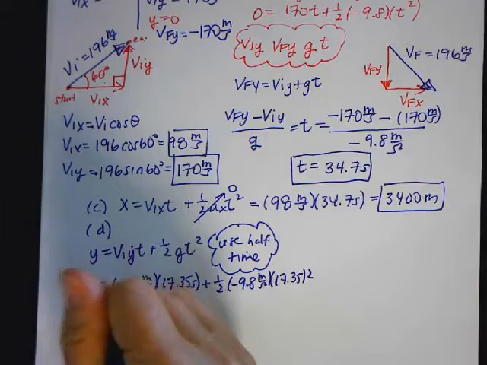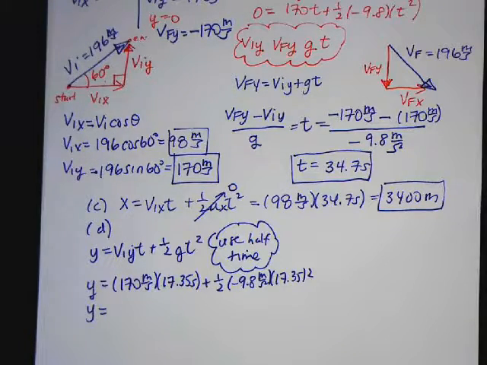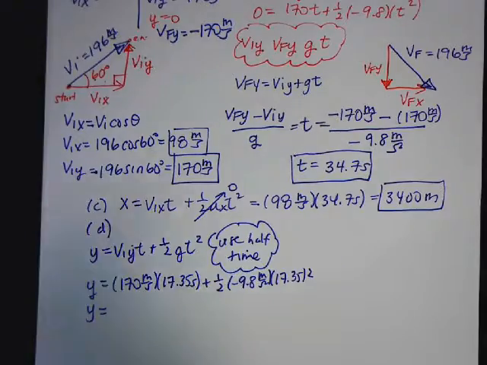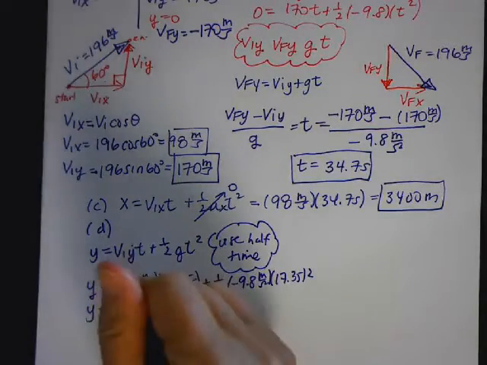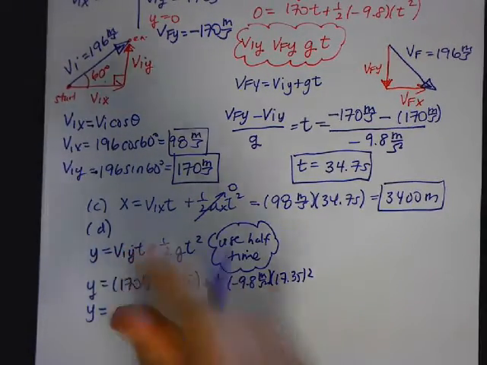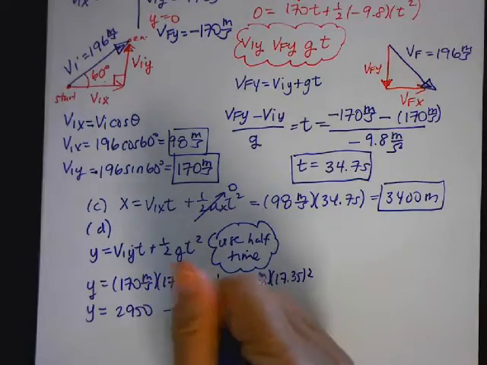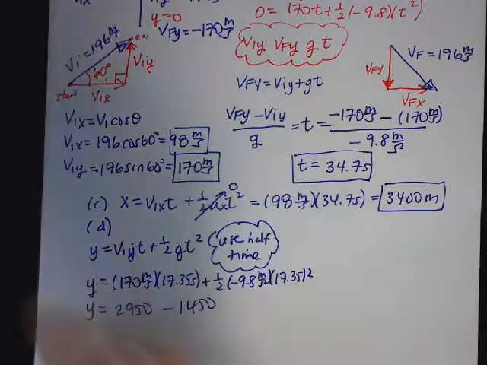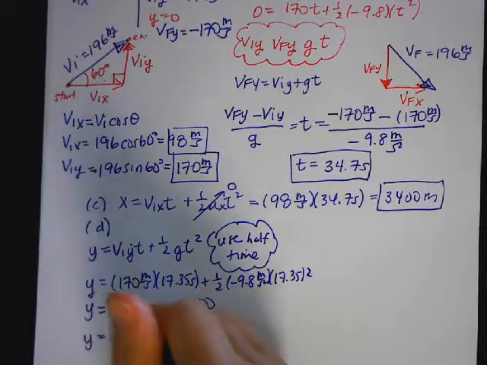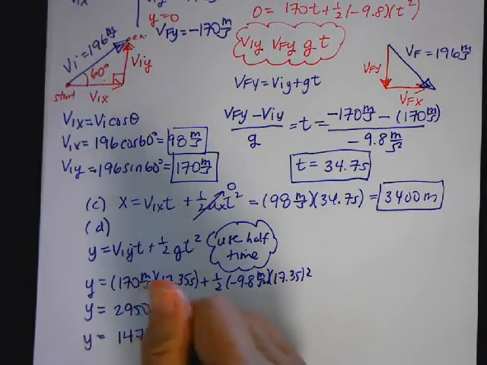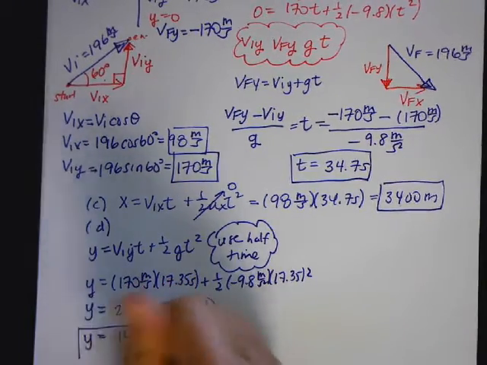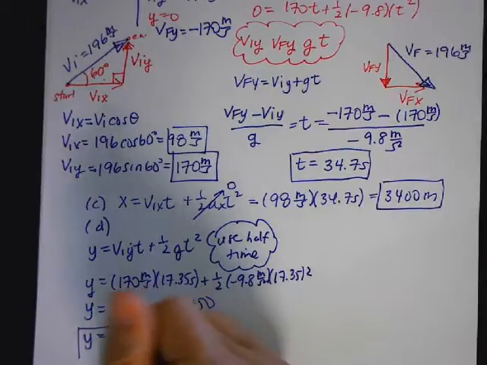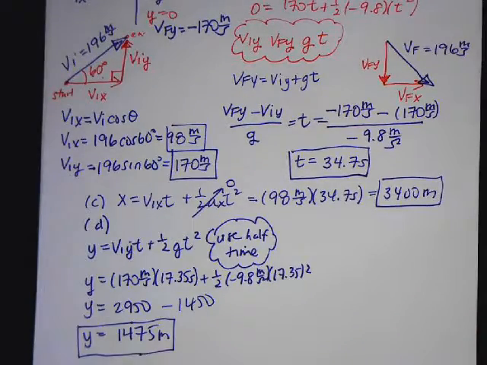Now, on these calculators that aren't graphing, when you try to use parentheses, sometimes you make a mistake. So guess what? Write another line. This way you're less likely to make a mistake. So go ahead and do the math here, and then do the math here and subtract it. So when you do that, this comes out to be 1475 meters. So that's one way to do it.